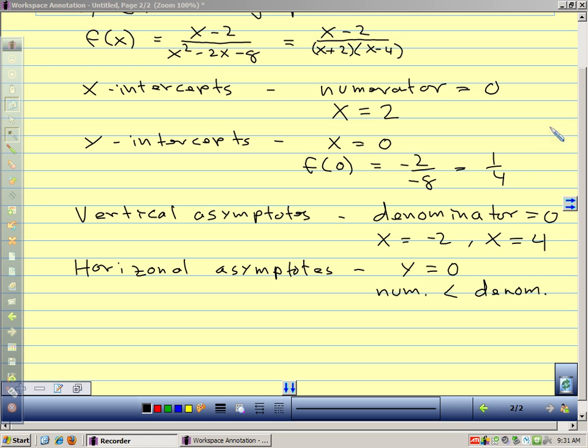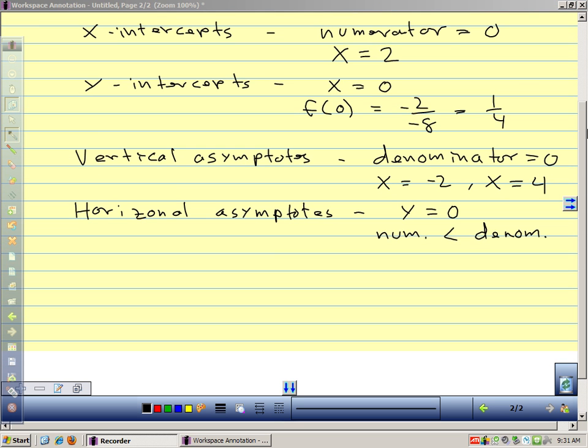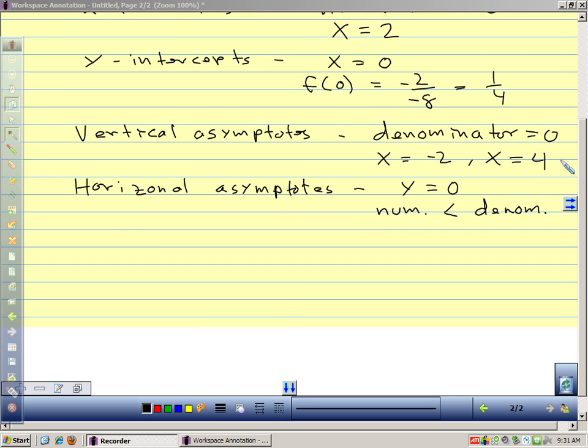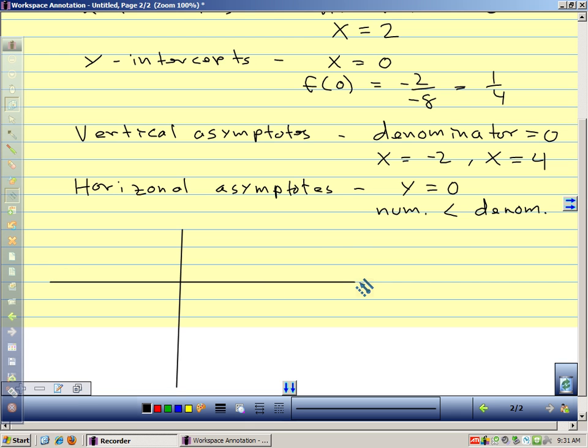So let's start sketching. Let's sketch in our information here. So here are my axes like so. This is not going to be a perfect graph. I'm going to do my asymptotes in red dotted lines.